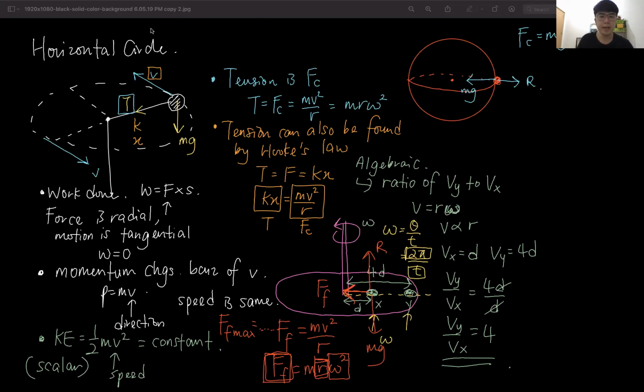In the case of a banked road surface like this, or any object moving in a horizontal circle inside a curved surface, the forces acting would be mg downward, and then we have the reaction normal to the surface here, so that it will be making an angle here.